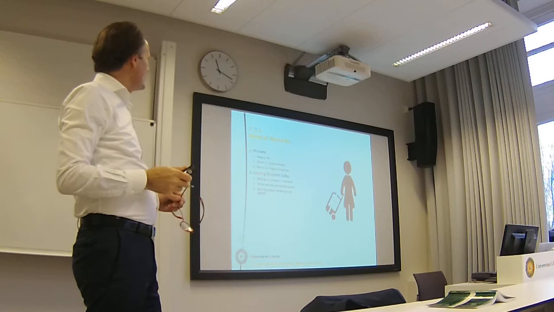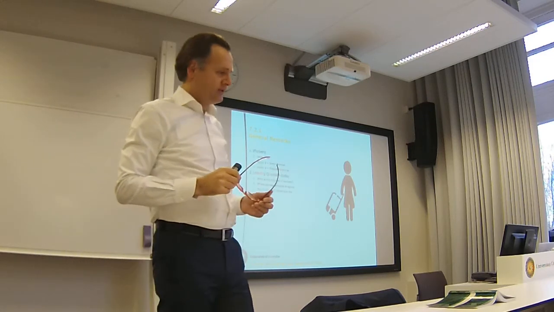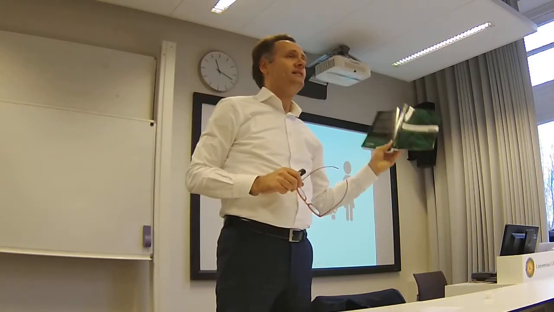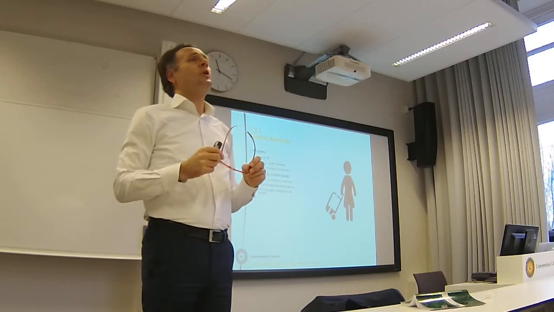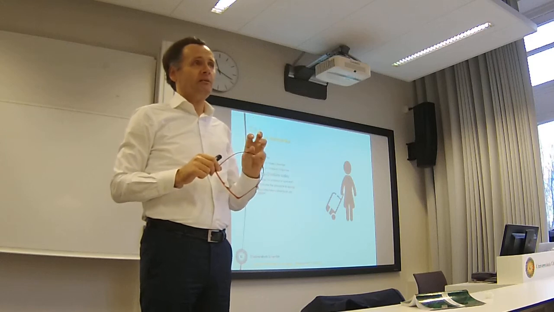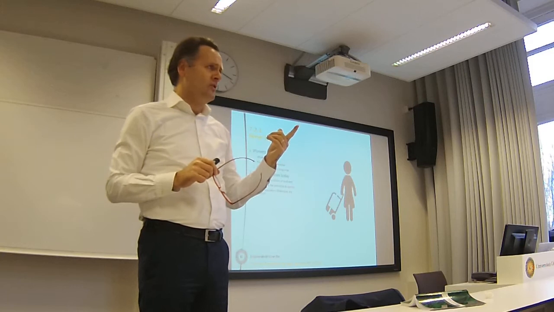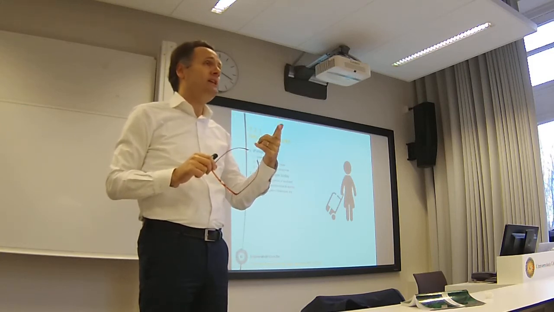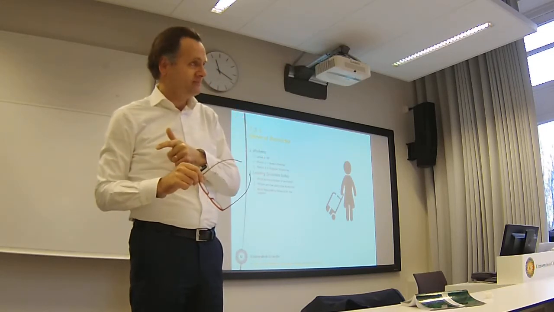Let's move to the workers and let's connect it to this course. On pages 89, 90, 91 and 92, there are some comments from the corporate law perspective on workers. That's one. Two, we will add today some examples of the labor law perspective on workers.